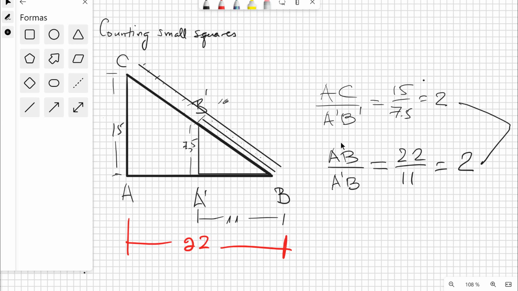I'm not so sure, you know. But it is a different kind of measure. BC divided by B prime C prime.